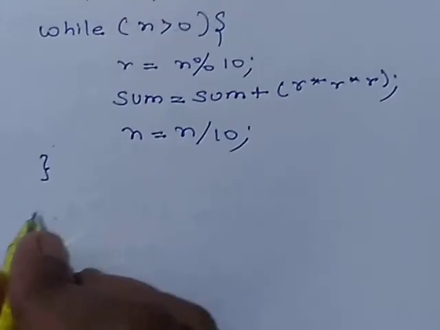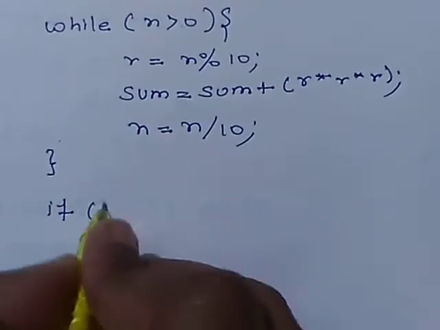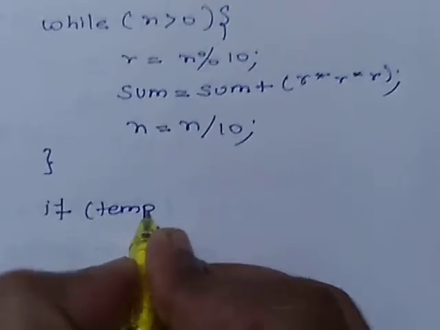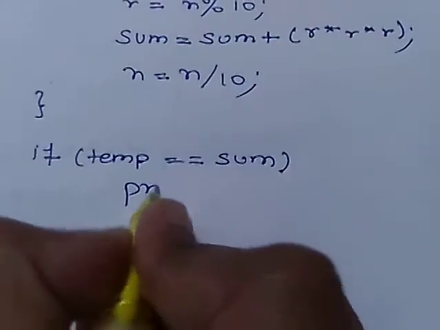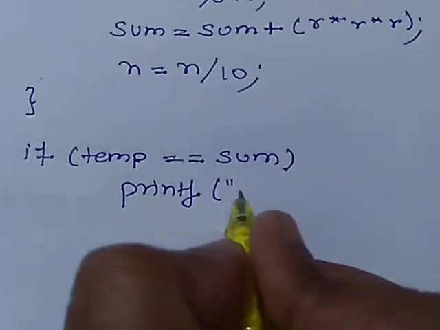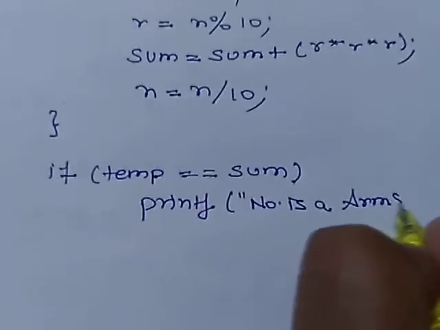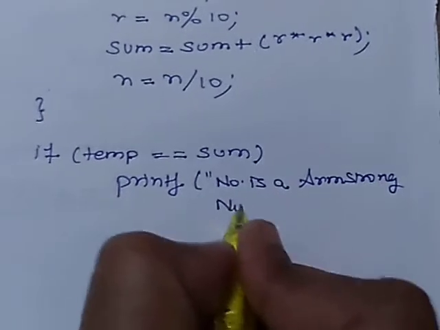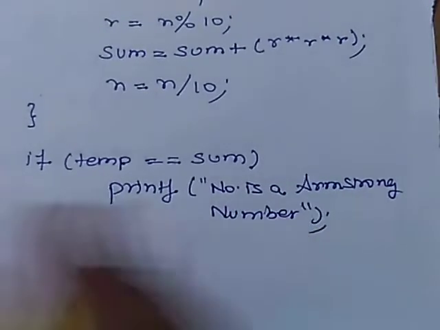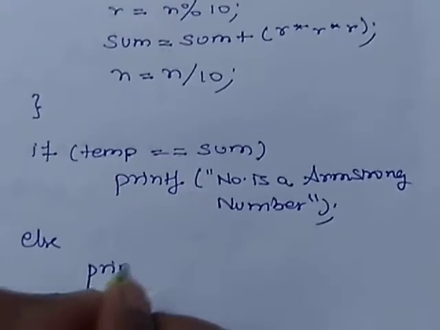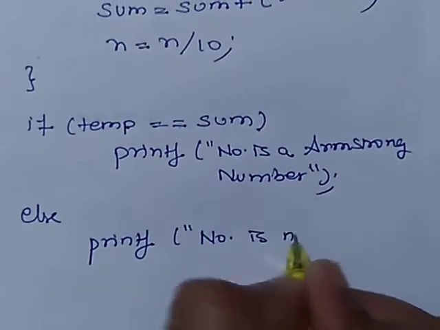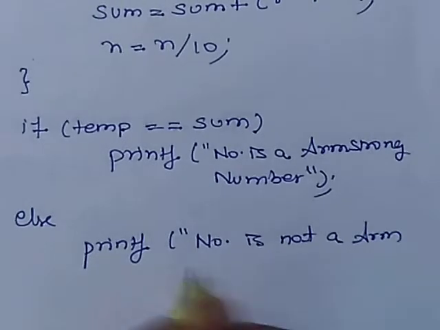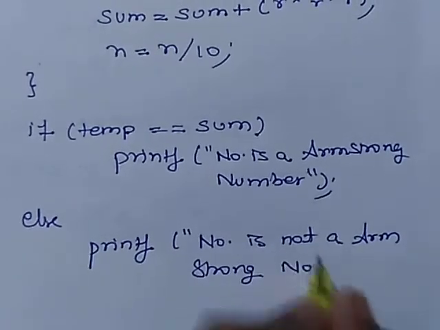Now we have to give the statement, if temp is equal to sum, then printf number is a Armstrong number, else printf number is not a Armstrong number.